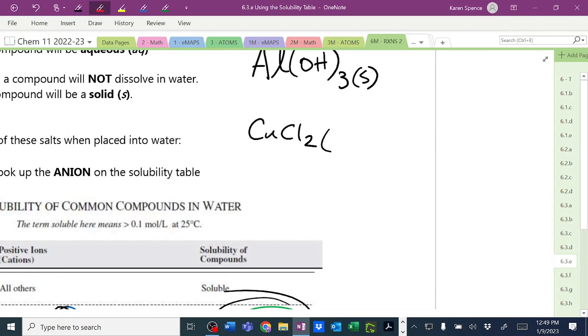Soluble or low solubility? Soluble. If you had low solubility, you were thinking of copper 1.